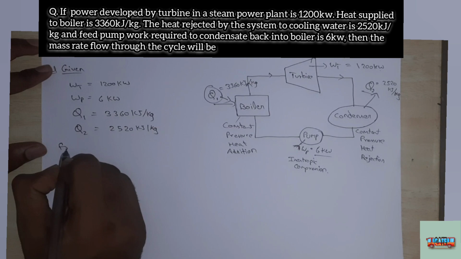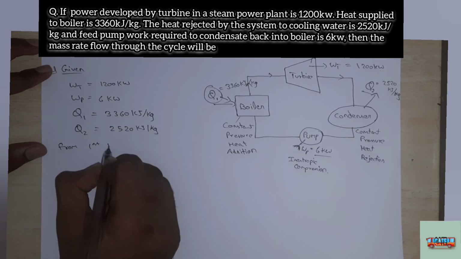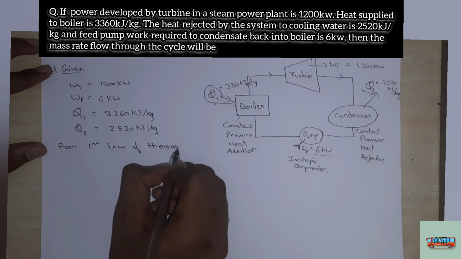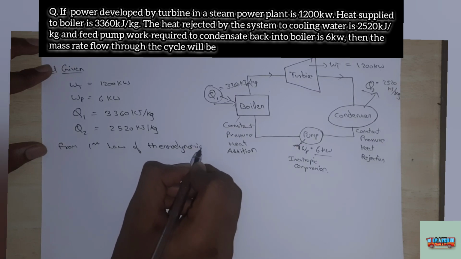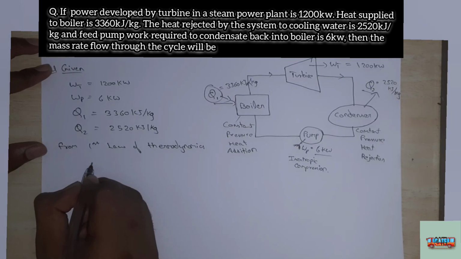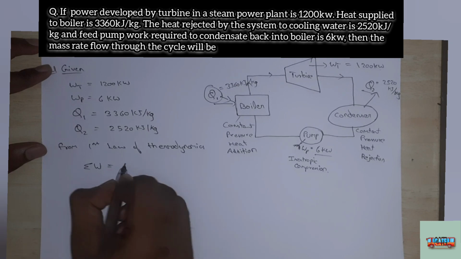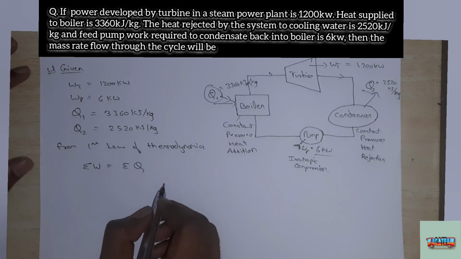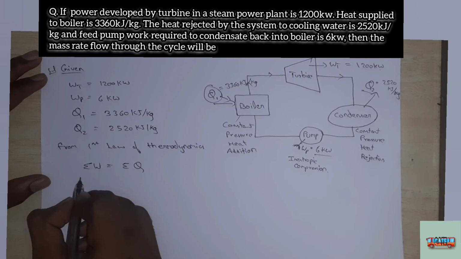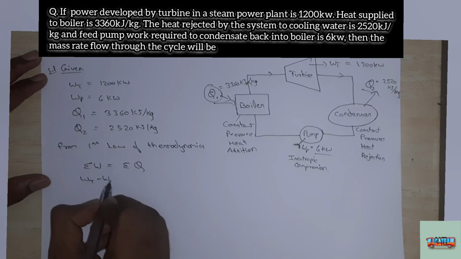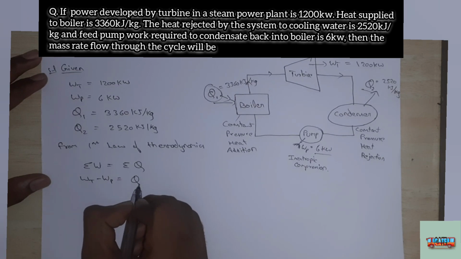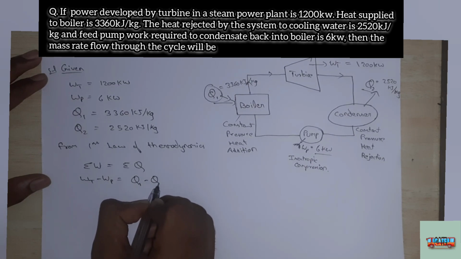So from first law of thermodynamics, we know summation of W equal to summation of Q. So here the net work is WT minus WP, and the net heat is Q1 minus Q2.